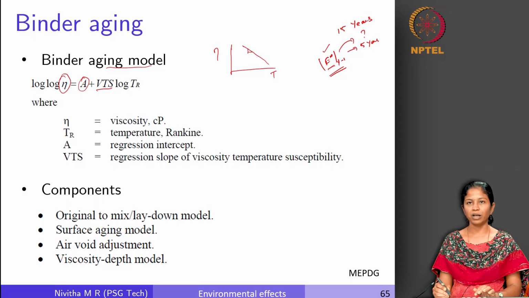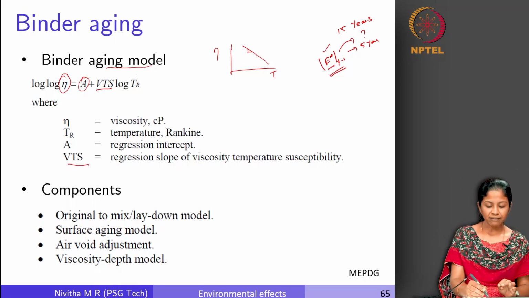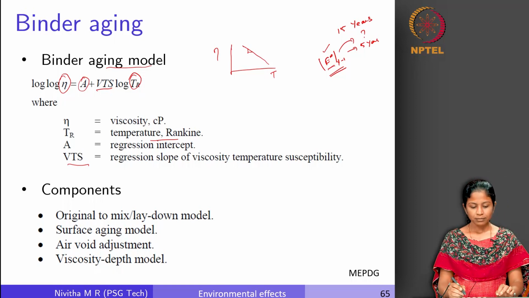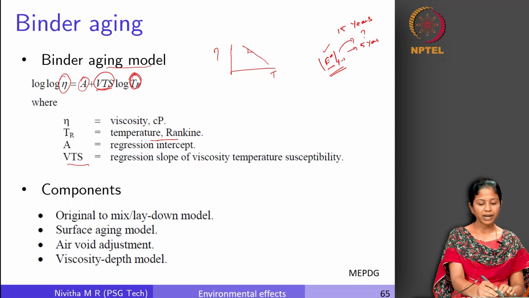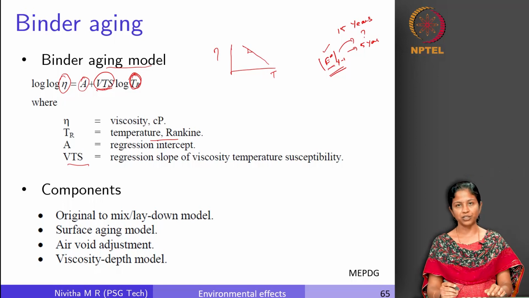What is this slope value? This is nothing but the VTS value, and also we have temperature, which is the Rankine temperature used here. So, based on the viscosity temperature susceptibility and based on the temperature, we will be able to predict the viscosity. So, this is the basic form of the model that is used.